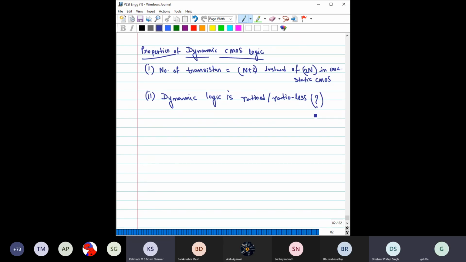Ratioed logic is the logic where the output levels VOL and VOH depend on the transistor sizing. That is ratioed logic. So this is not ratioed logic. You think about it.